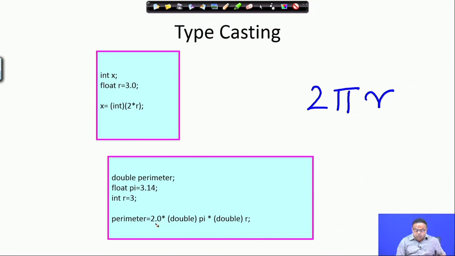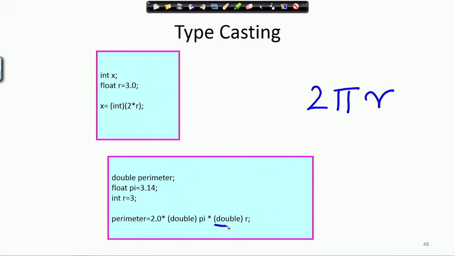So, twice 2 is real. Now, perimeter is double. So, I want to have perimeter with a larger accuracy. Therefore, I first make r to be double, I typecast this integer to a double type, I typecast this float to a double type, then I multiply and get the perimeter.